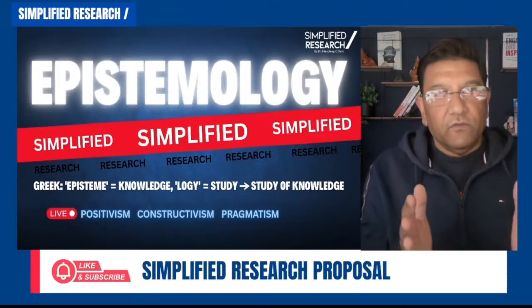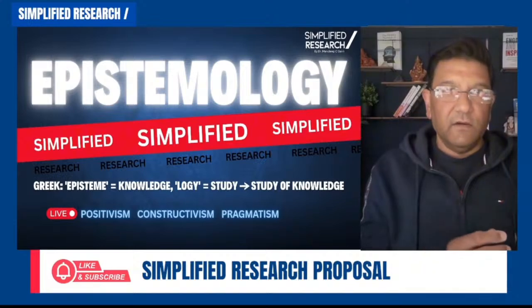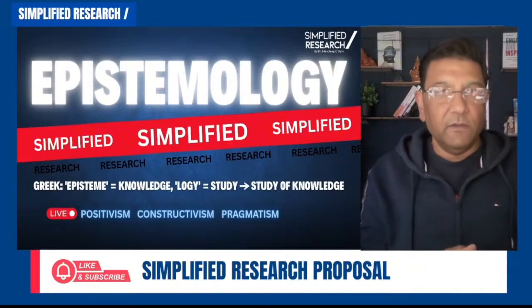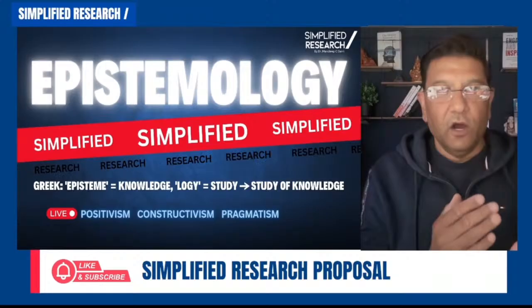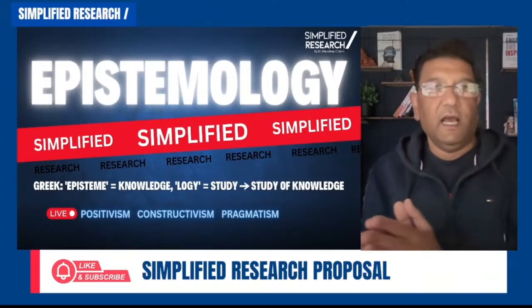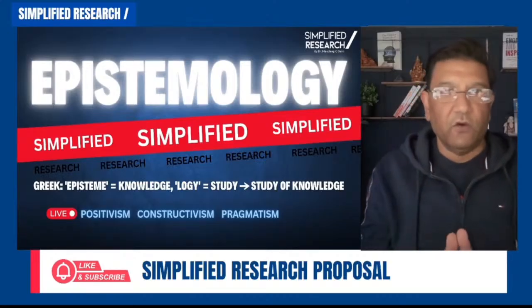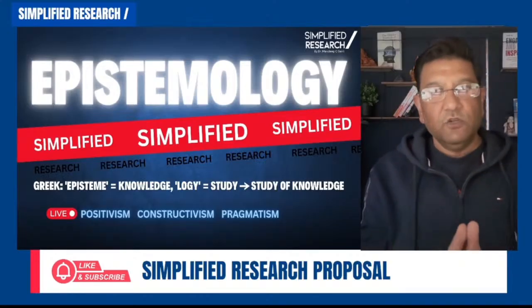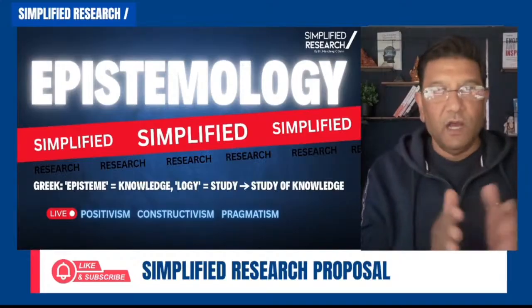So from those two languages, the research philosophy has three branches. One is ontology, the second one is epistemology, and the third one is axiology. So in this video, we are going to talk about epistemology. So again, let's break it down, epistemology.